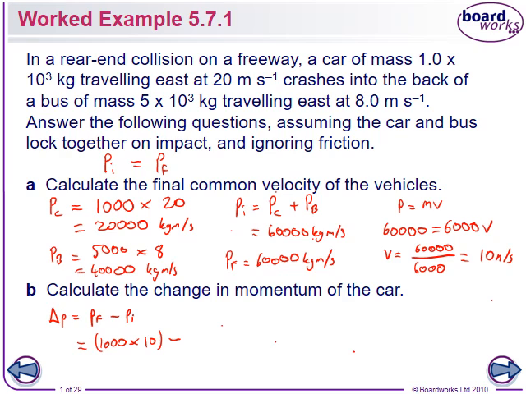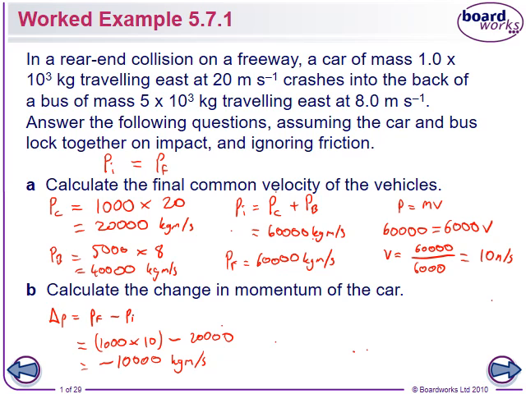Our initial momentum, we worked out up here, was 20,000. So 10 times 1,000 is 10,000, minus 20,000 gives us negative 10,000 kilogram meters per second.